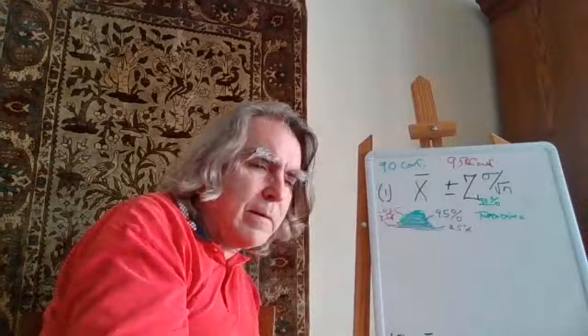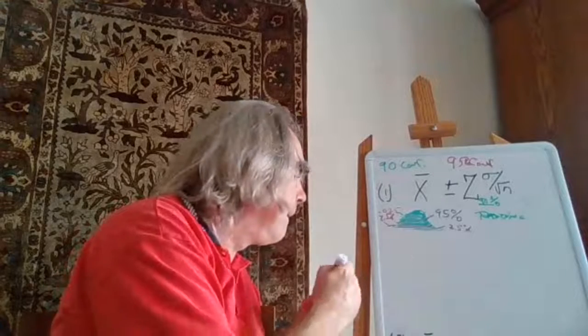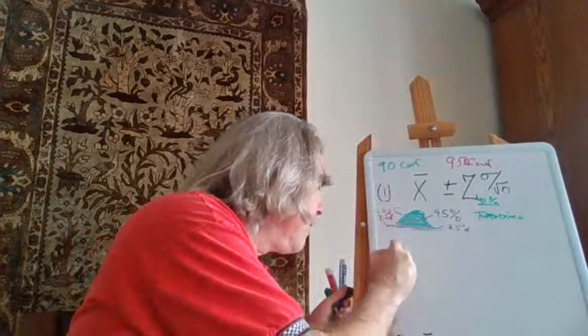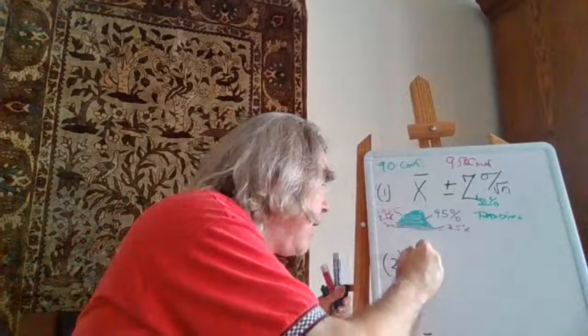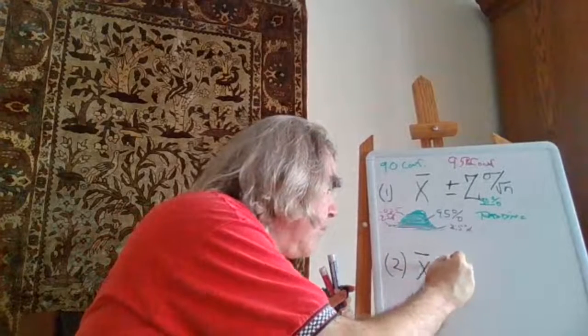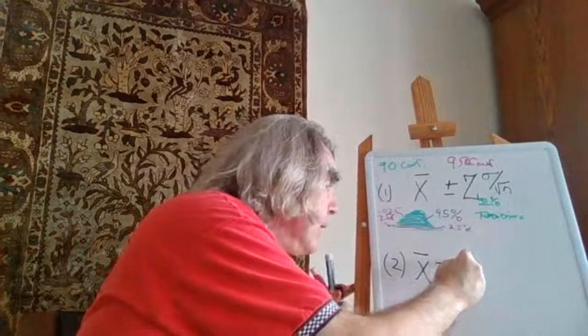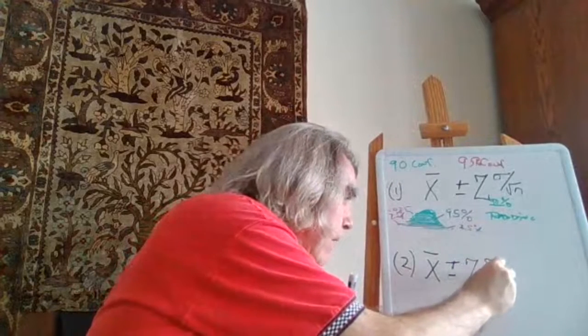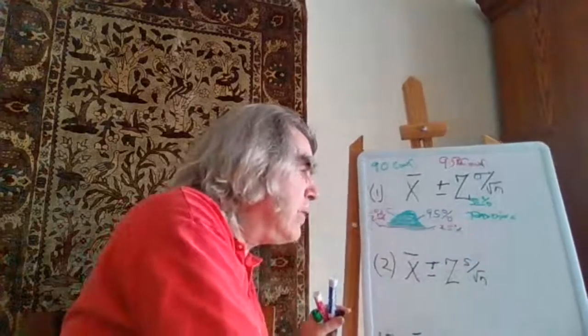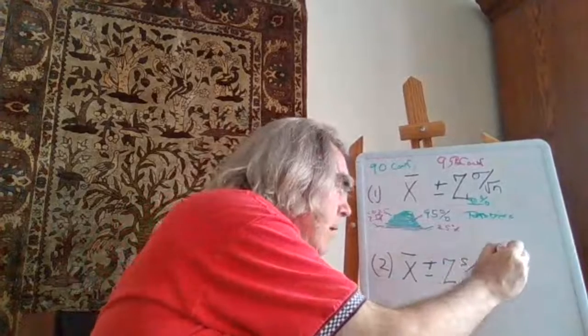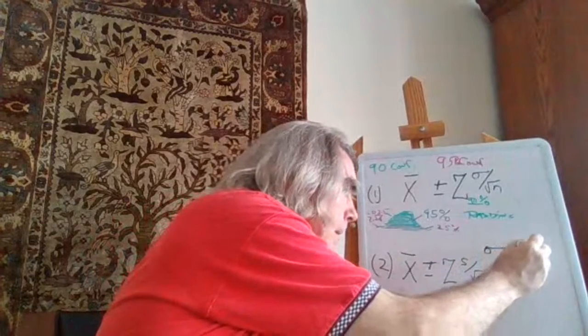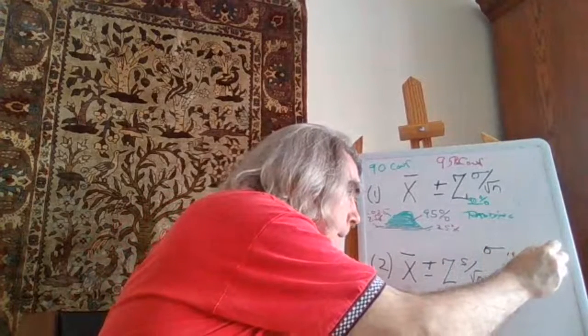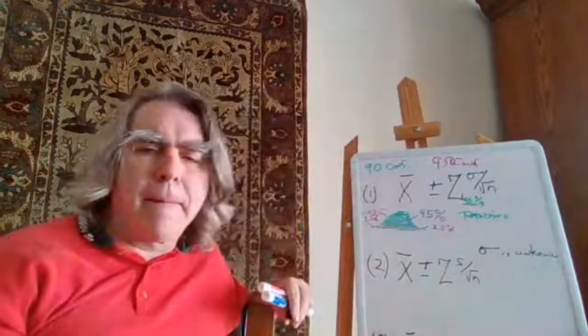The second formula is going to be x bar plus or minus z times s over square root of n. We use this when sigma is unknown.